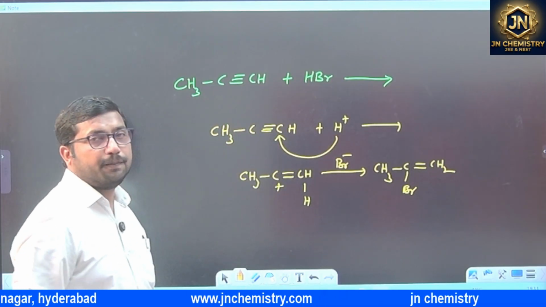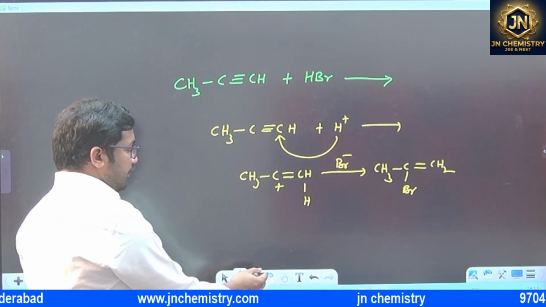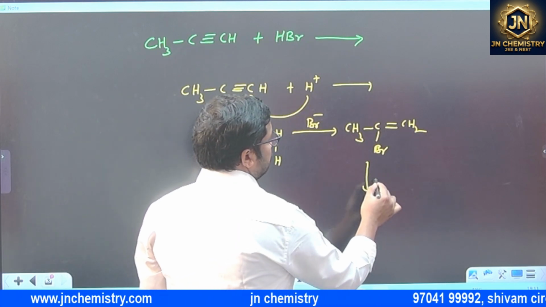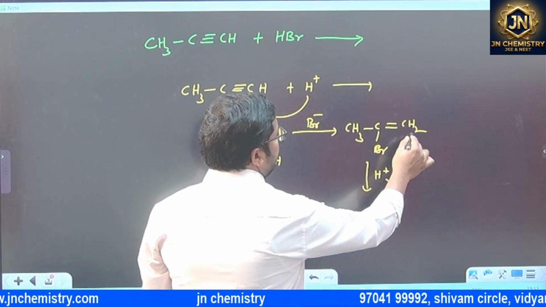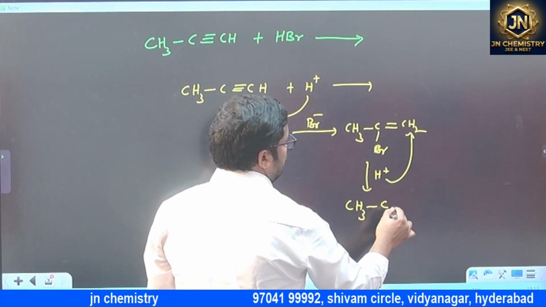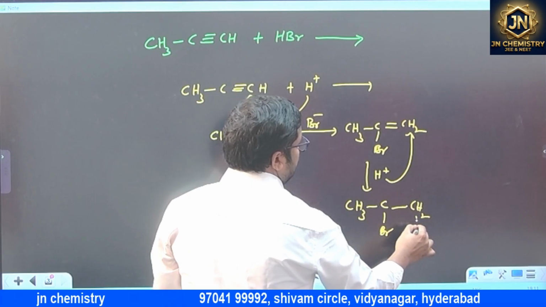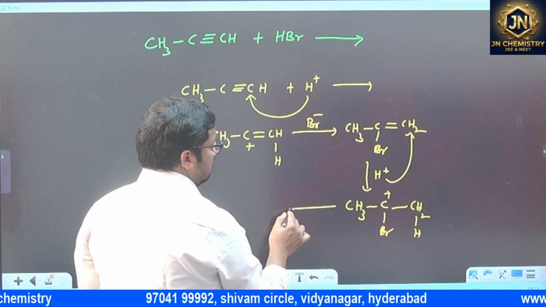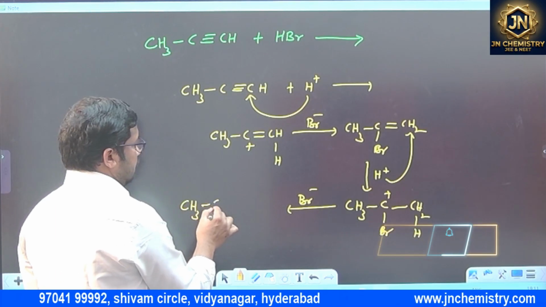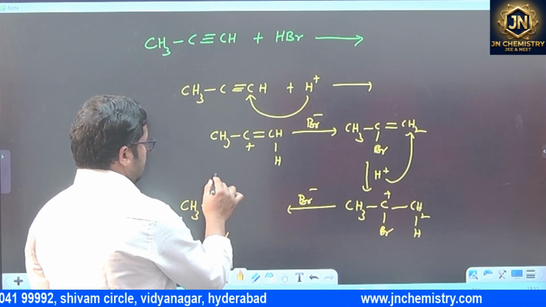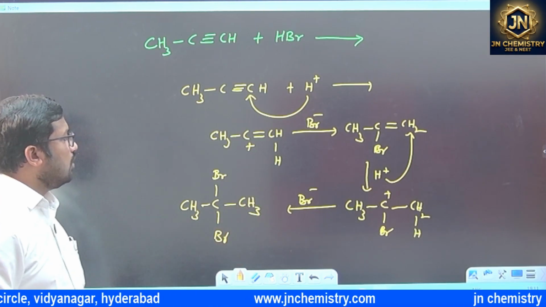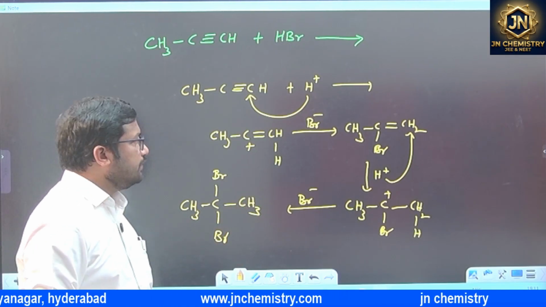This is the first mole. Second mole: once again H plus attacks over here, giving a positive charge, then Br minus gives CH3 CBr2 CH3, 2,2-dibromopropane. Write it down.